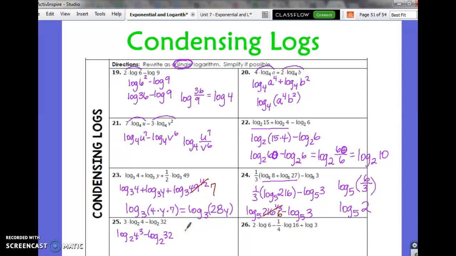So that means I'll have log base 2 of, and then 4 cubed is the first term, so 4 cubed is 64. I'm going to go ahead and put that on top. And then 32 is with my second log, so that 32 goes in the bottom. And 64 over 32 is just 2. So I'll have log base 2 of 2.